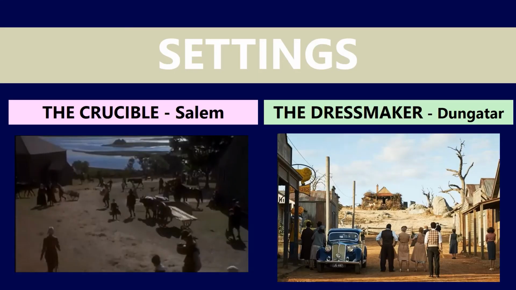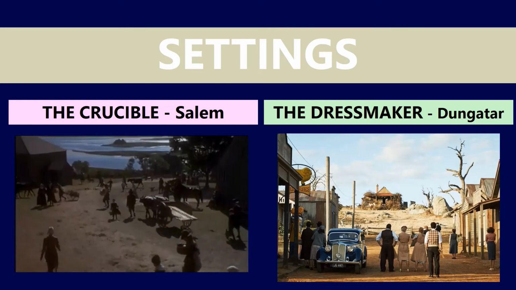So, with the settings, we have Salem in The Crucible and Dungatar in The Dressmaker. And I've taken some shots from the film, and again, I'm going to talk about the films a little bit later. Salem, though, is on a bay. Again, a very rural town, very small, but on the edge of the forest as well.